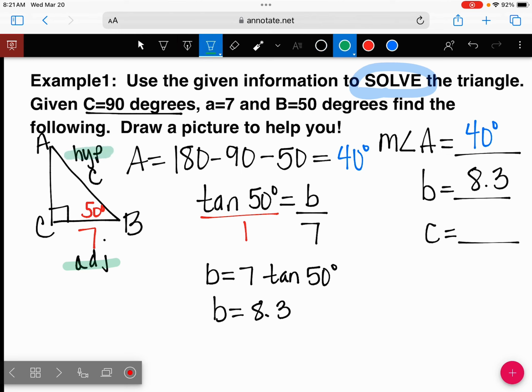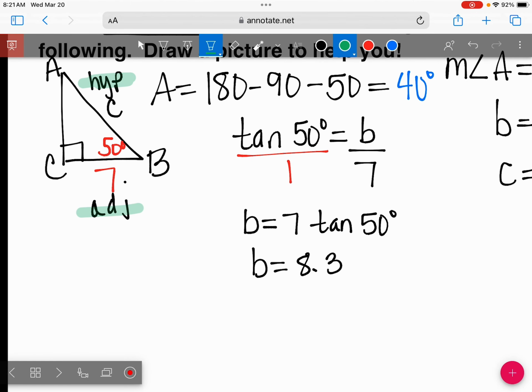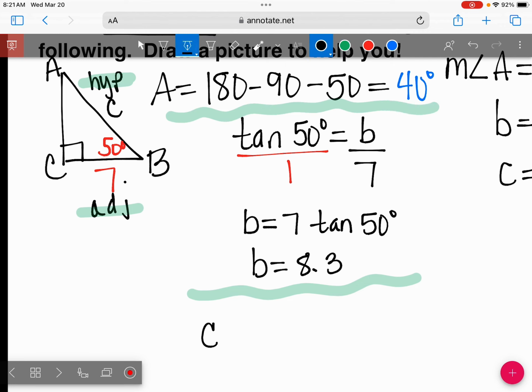So now I'm using adjacent and hypotenuse. What trig ratio uses adjacent and hypotenuse? Cosine. So we have the cosine of 50 degrees equals adjacent over the hypotenuse.